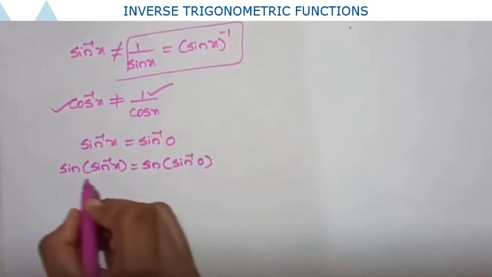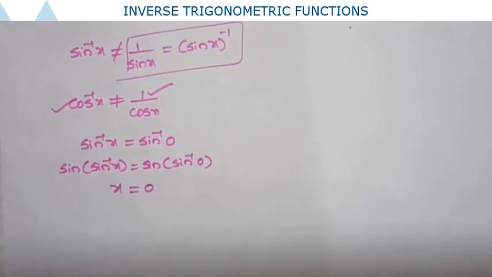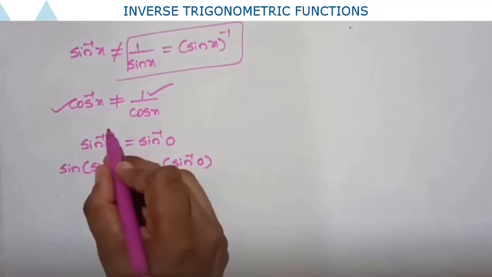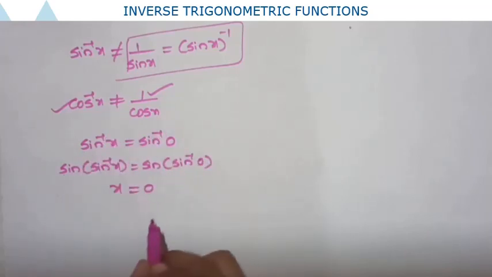Therefore sine of sine inverse x is x, and sine of sine inverse 0 is 0. Like this we should do, and never cancel sine inverse and write directly x is equal to 0. This type of mistake you should not make here.